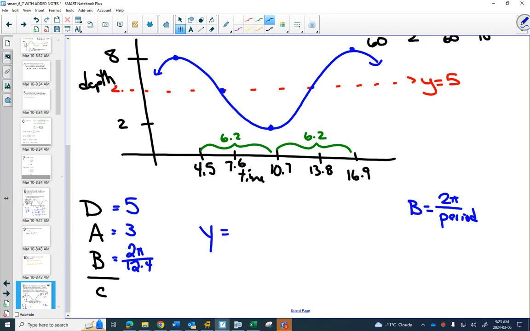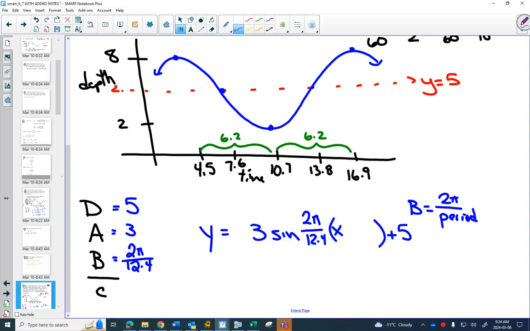So let's start working. I know my a value is 3. Let's start with sine. I know that my b value is 2 pi over 12.4. I'm going to leave space for my c value, and my d value is plus 5. We'll go purple first. Where does a sine graph start? In the middle, going up.